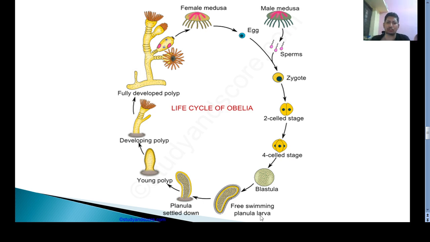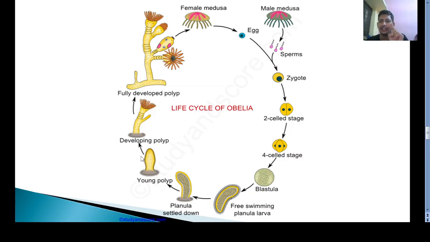It will enjoy the free swimming life for some period of time, and after that some time it gets attached to a rock with the broader end, and the planula gets settled down, and the opposite end, this end, I am showing with the cursor, this is called the free end. The free end will develop the mouth and tentacles. Okay, and now it is called the young polyp, or it is also called hydrula.